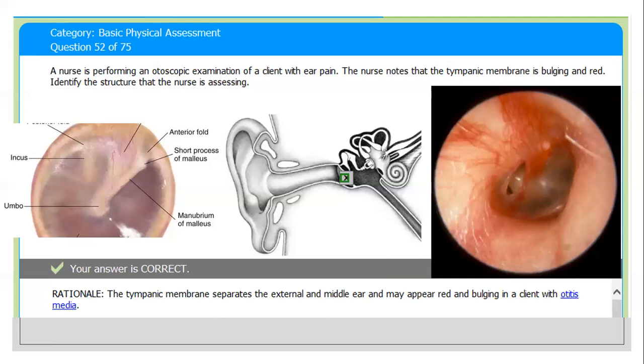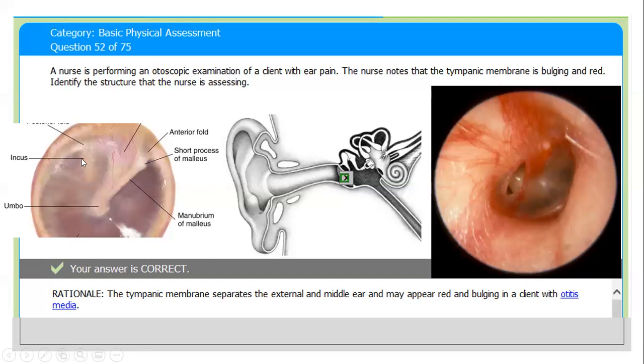So, otoscopic examination. The otoscope is an instrument we use to look into the ear canal. This is the ear canal, and it is used with the ear speculum, this one.